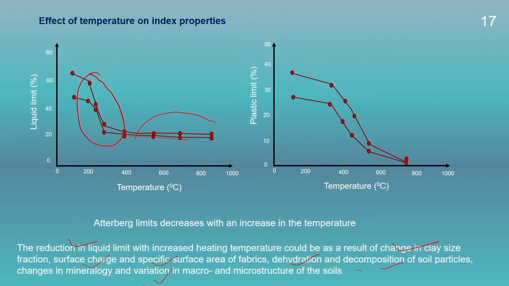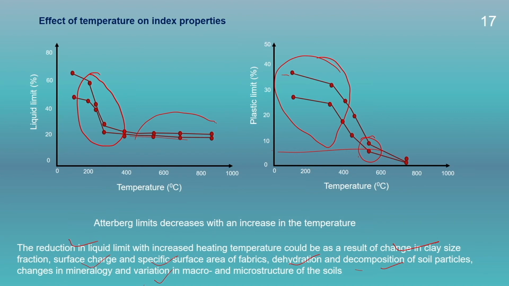Similarly, if we look into the variation in the plastic limit with temperature, the plastic limit also changes significantly with the temperature, and around 600 degrees centigrade the soil becomes non-plastic. Again, this can be attributed to the increase in the particle size.